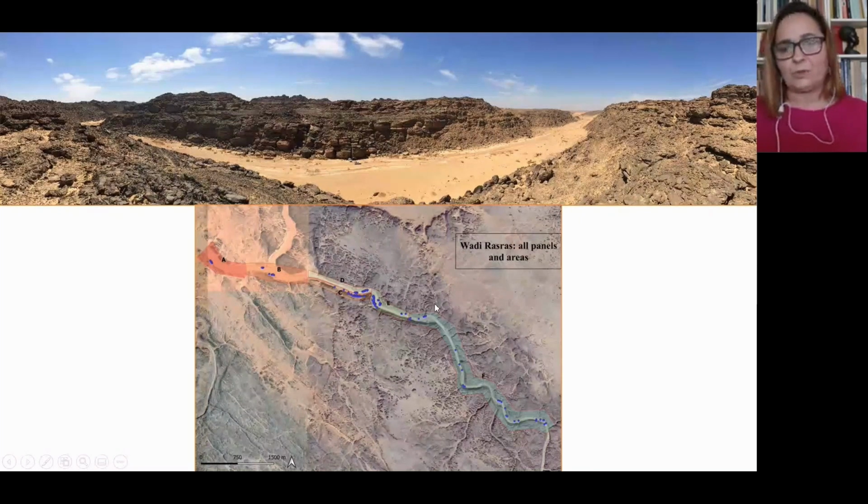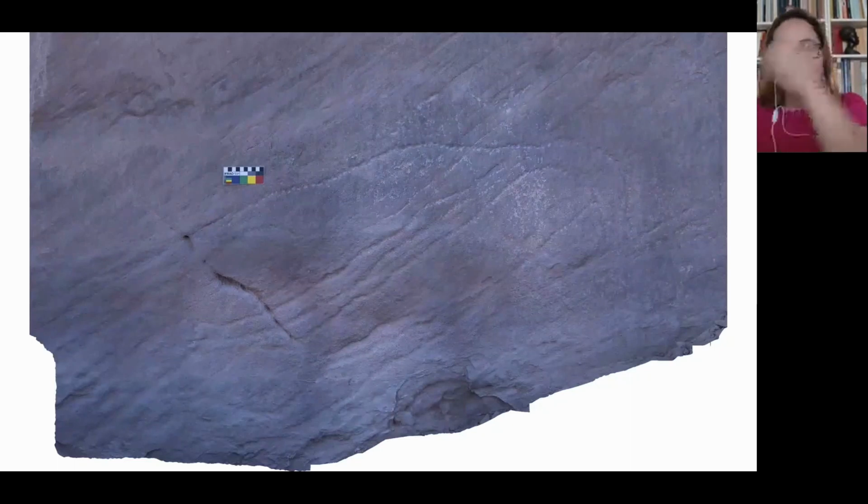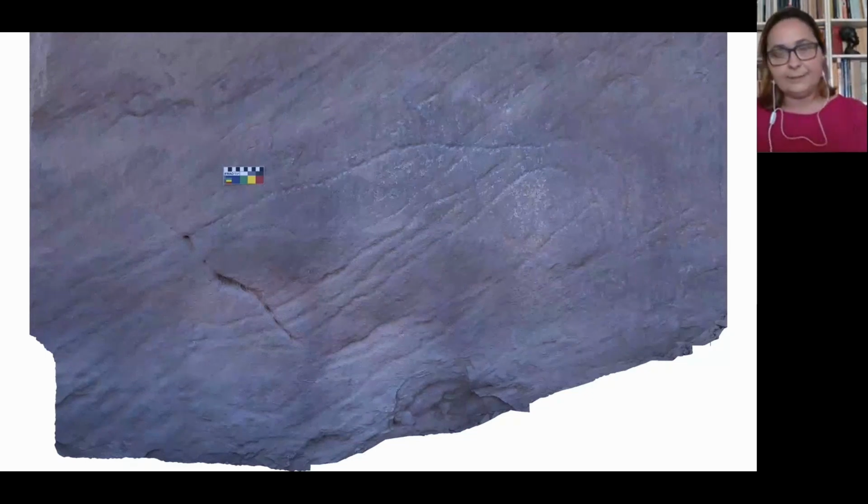It is one of the southernmost known in Egypt and one of the richest known in Egypt. It's really full of rock art, some of which could be dated to the late Paleolithic, like in this case. We are still working on the interpretation and also on the dating as far as we can.